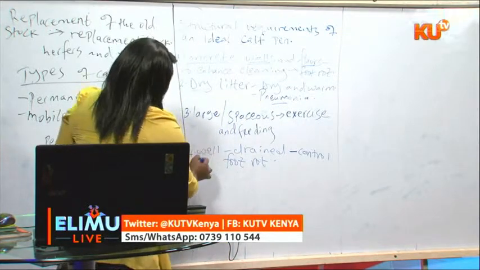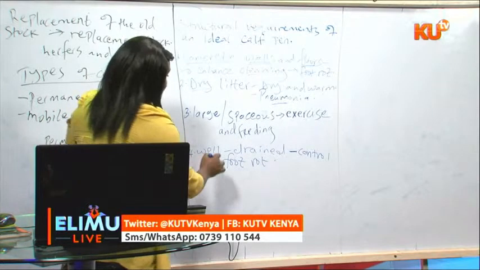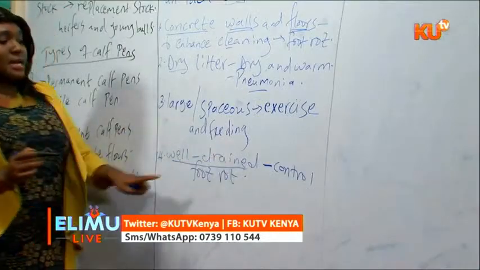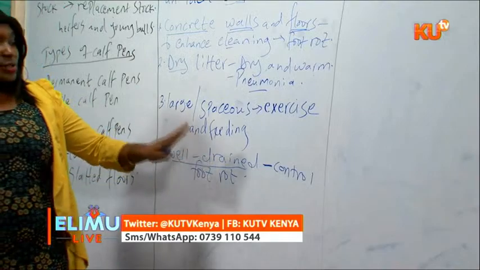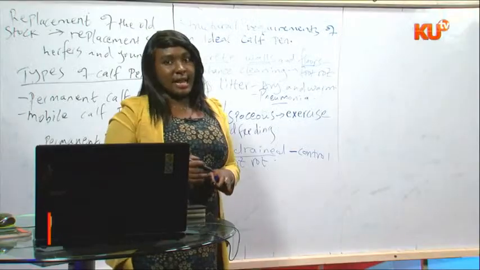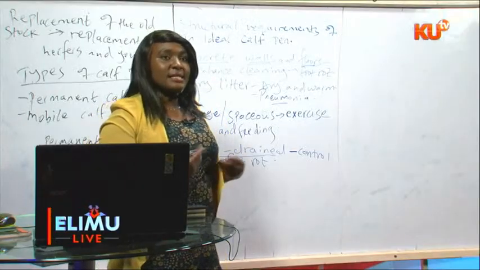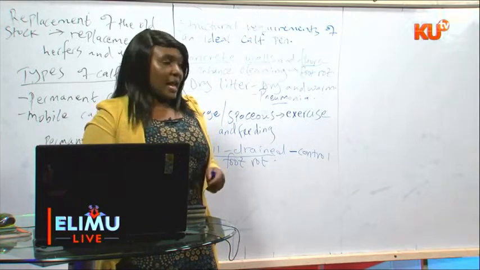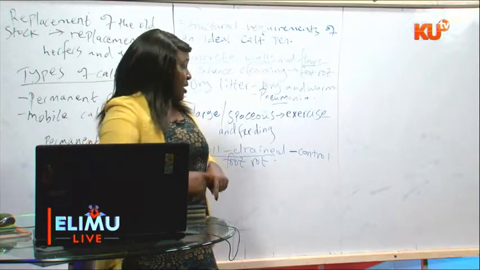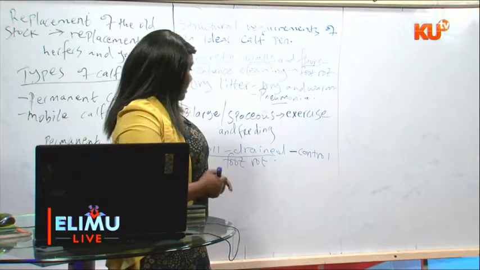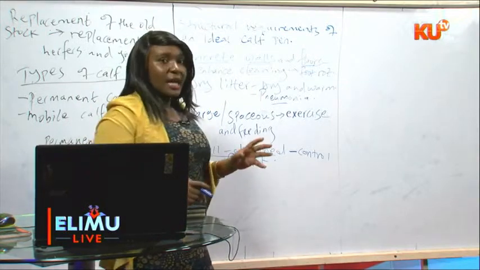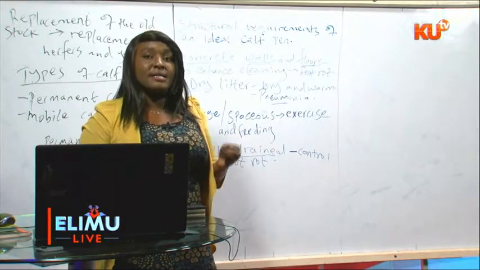So that is the 4th point. You should site your calf pen on a well-drained area. Not where, when it rains, just a slight rain, you realize that the place is getting so mushy. So we need a place that is well-drained in order to facilitate an environment that cannot harbor diseases like foot rot.